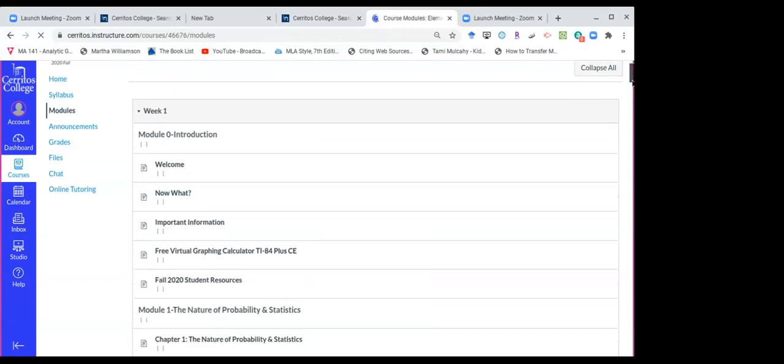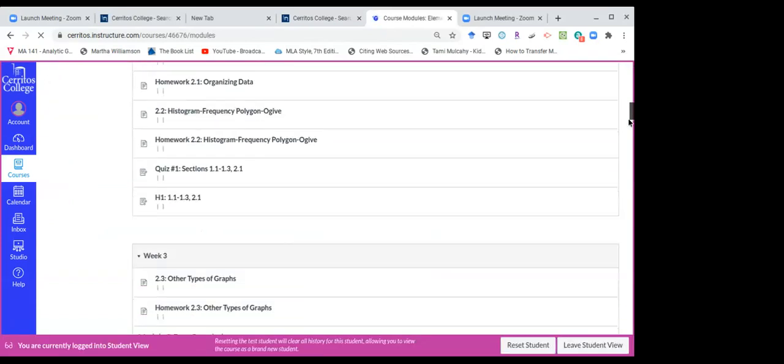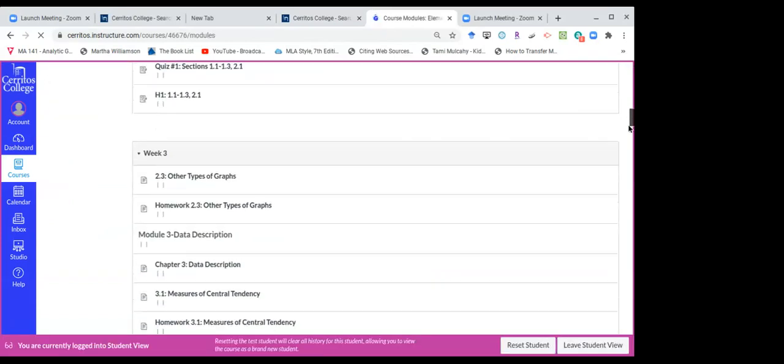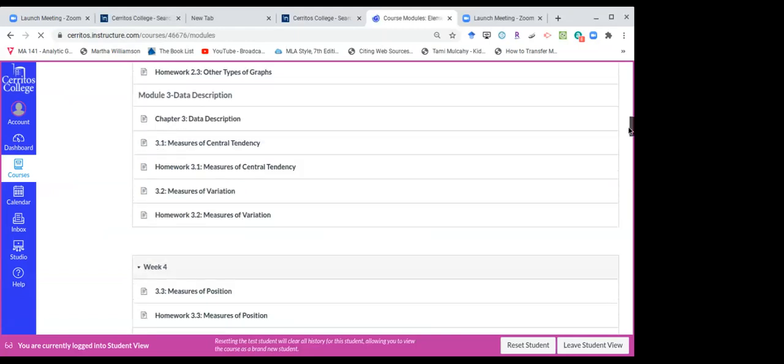So besides other types of graphs, you're also doing data description this week. You're going to talk about measures of central tendency and measures of variation. So you want to pay attention to the types of measurement that you're dealing with and the types that fall under each one.